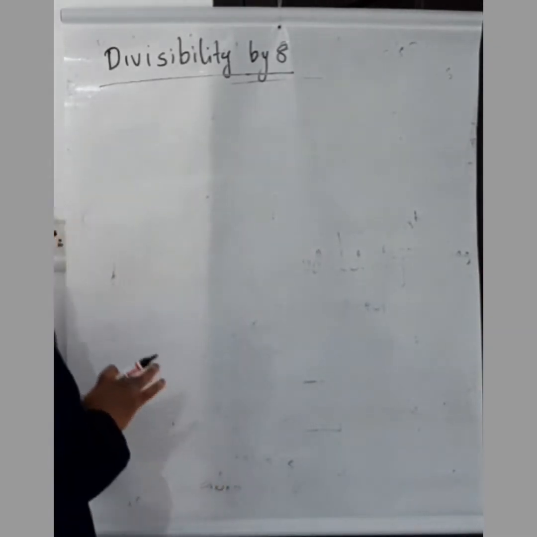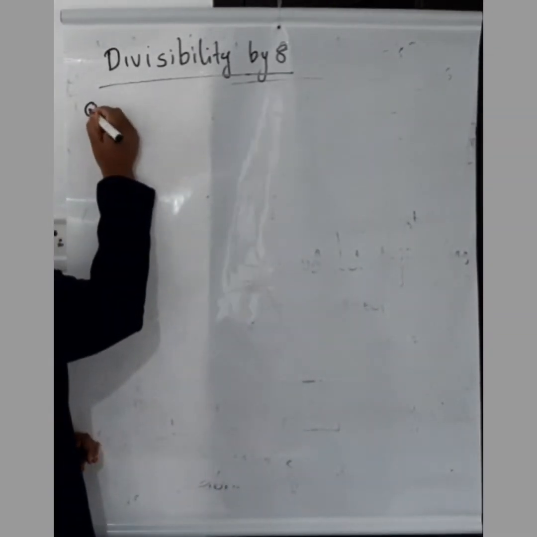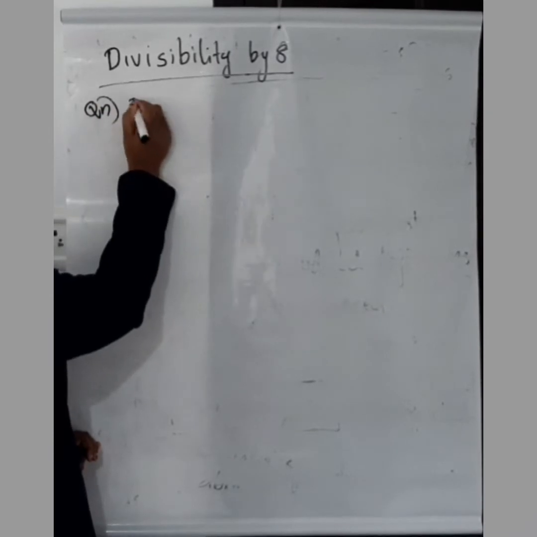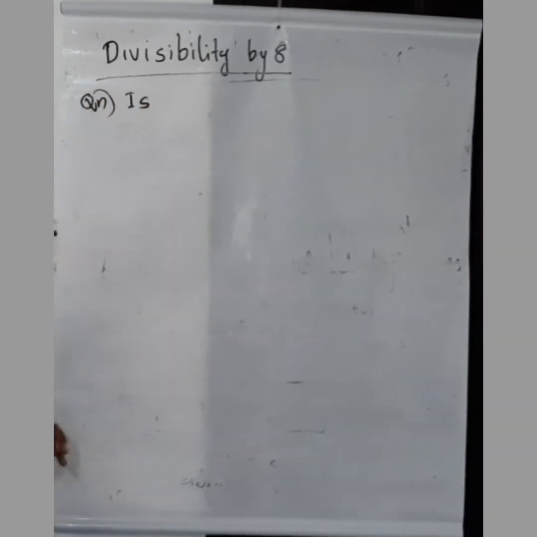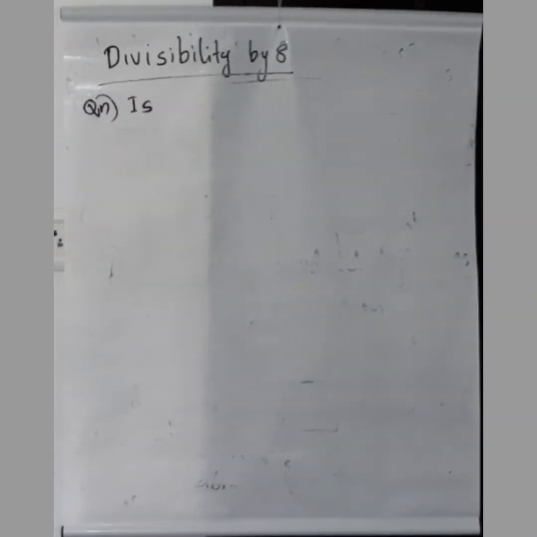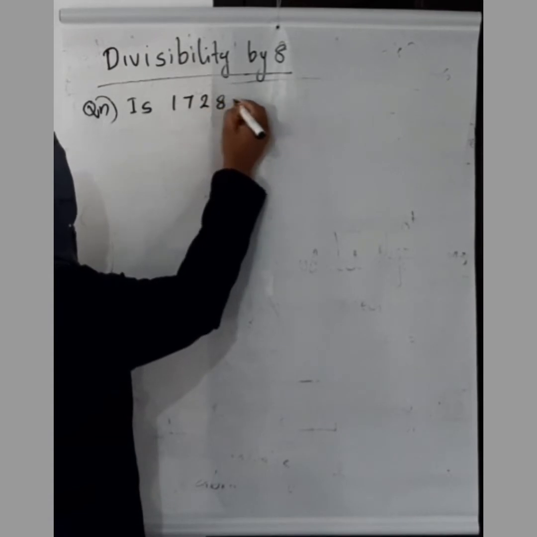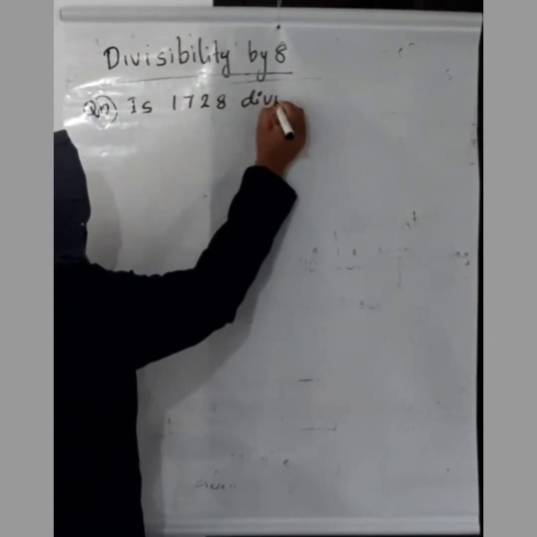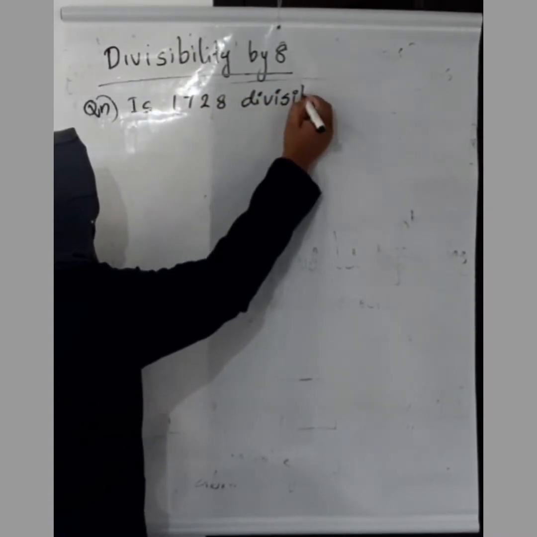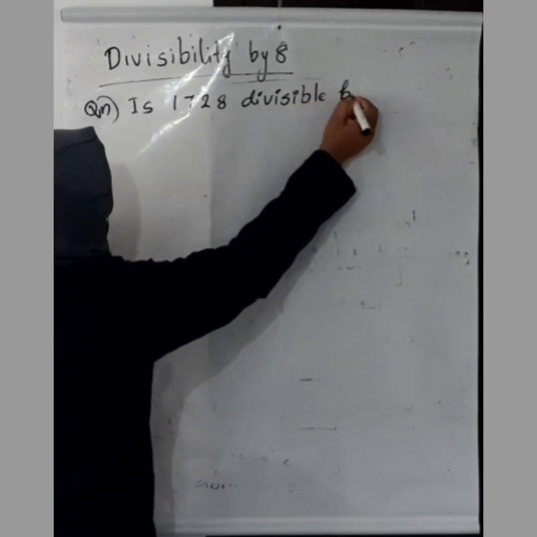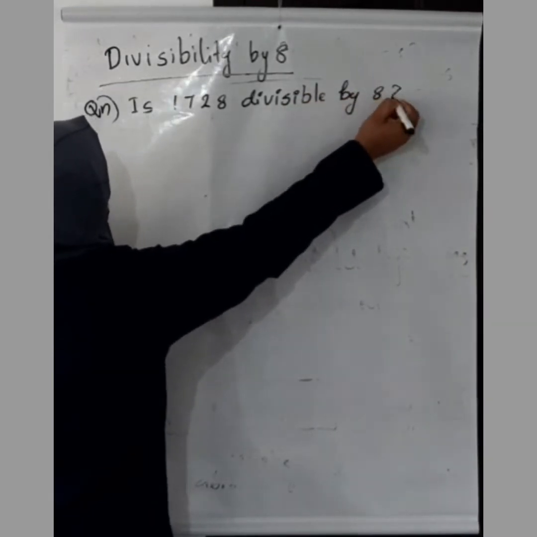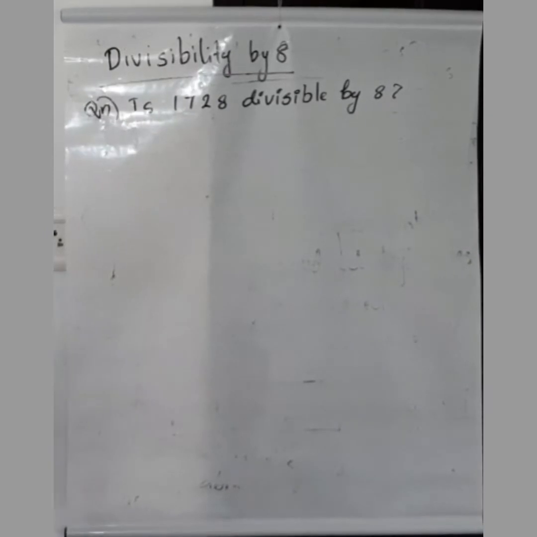So here we have the first question. We have to find whether 1728 is divisible by 8.